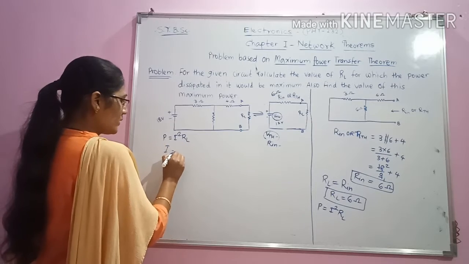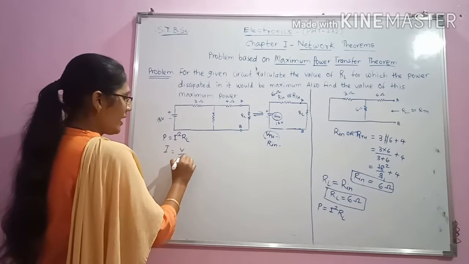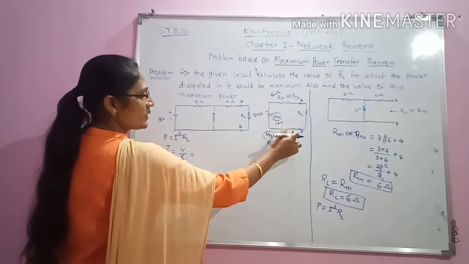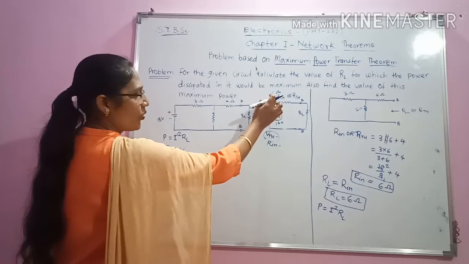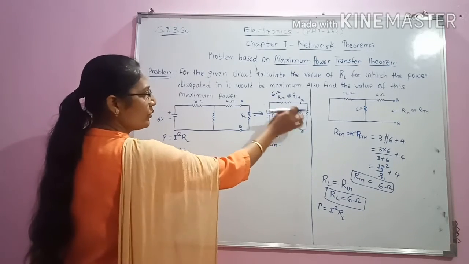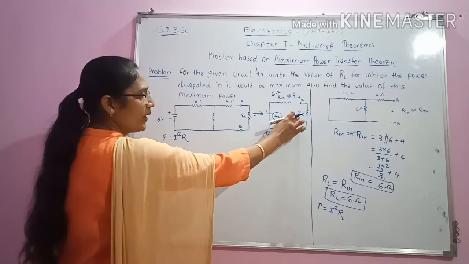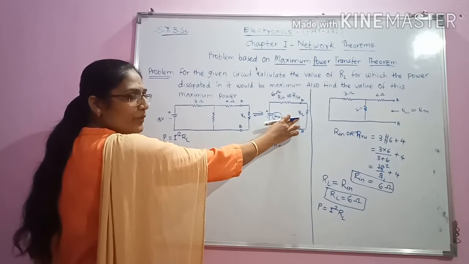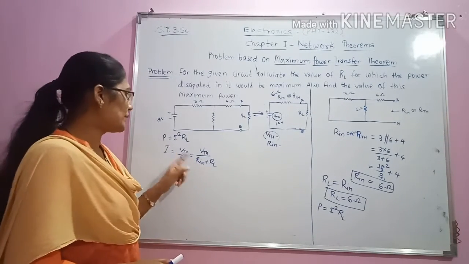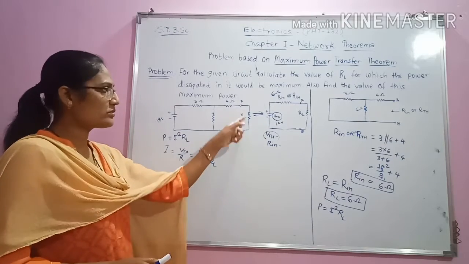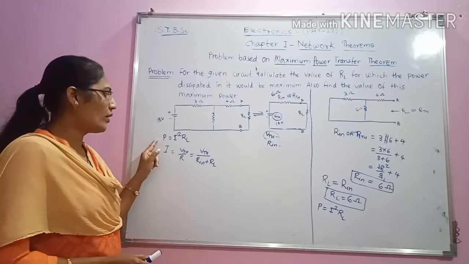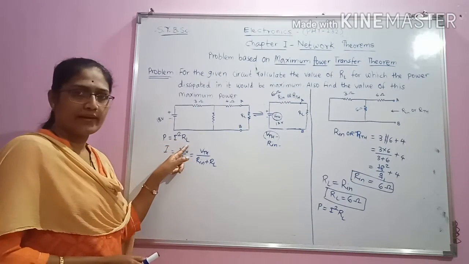The value of I is equal to V by R. For V by R we have to use this circuit, because we have calculated this, and now we have calculated this also, because this is equal to the internal resistance. Then and only then the power dissipated across it will be maximum. So now we will try to find out the power across RL. The value of power can be obtained by the formula power is equal to I square RL.